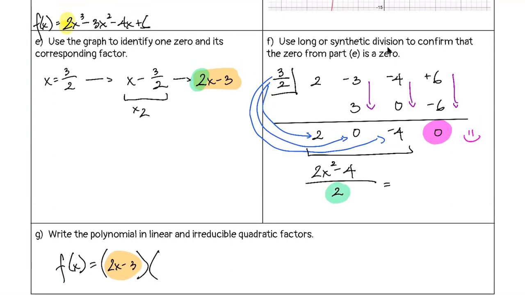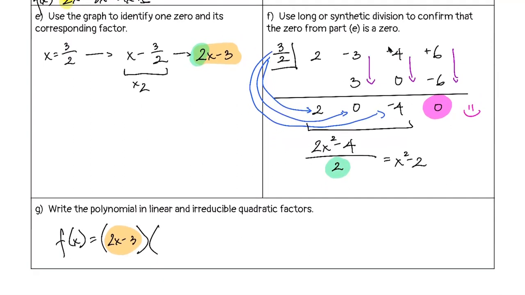So when we divide this, we actually get x squared minus 2. Yes. So this x squared minus 2 is what's going to go in here. This is our quadratic factor. We haven't determined yet whether it's irreducible or not.